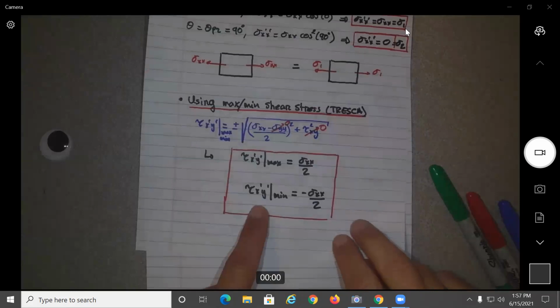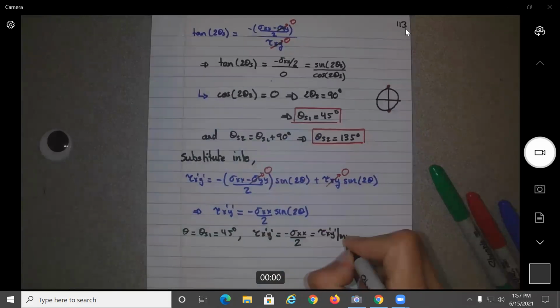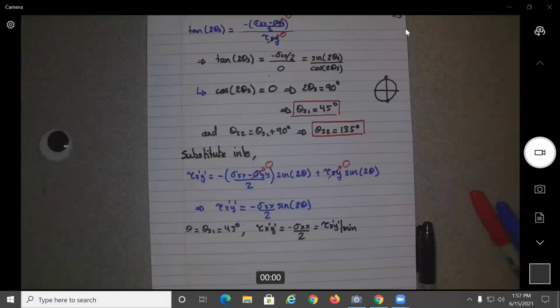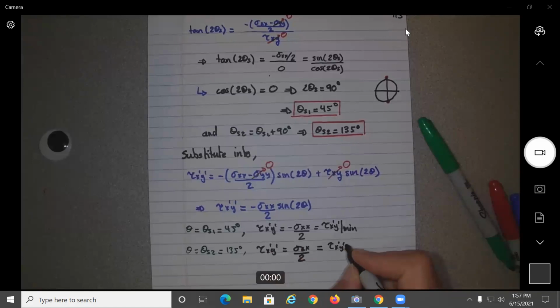The tau minimum. Then we do the same thing for the other one, which will be the tau maximum.